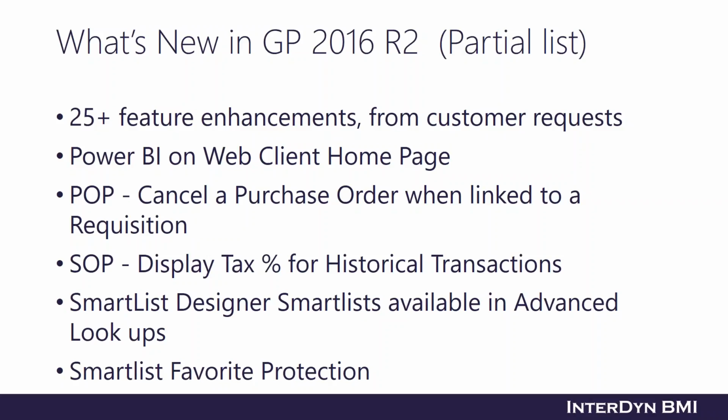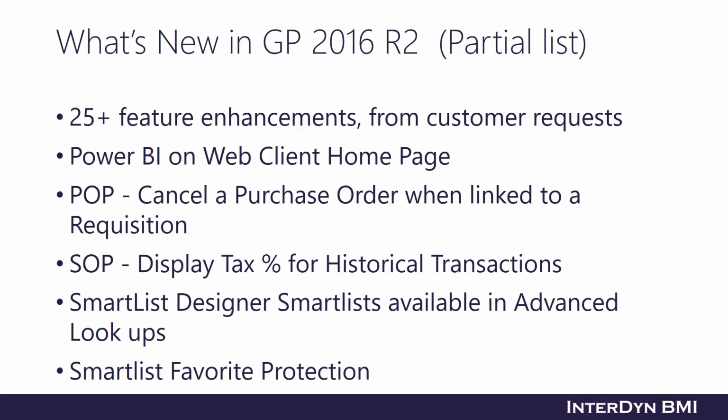We'll be able to cancel a purchase order even when it's linked to a requisition. So if we do a purchase requisition and that turns into a purchase order and we don't get a complete shipment, or for whatever reason we decide to cancel the PO or cancel line items that are linked to a requisition, that will be allowed. Today it's not.